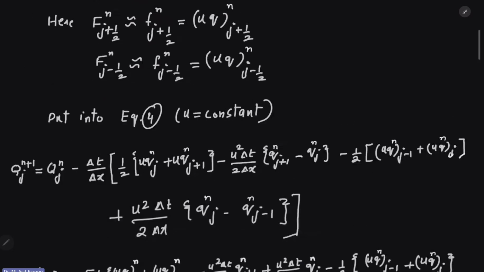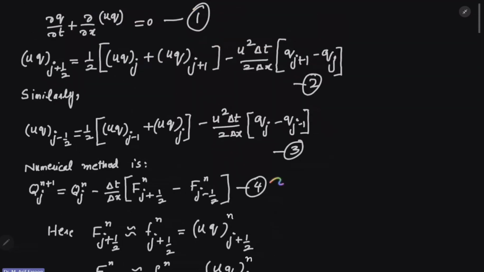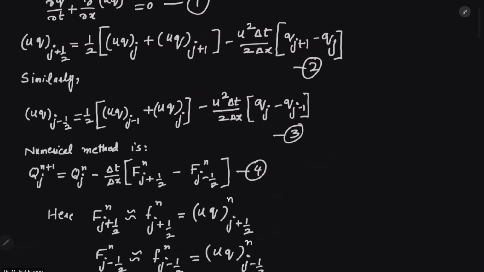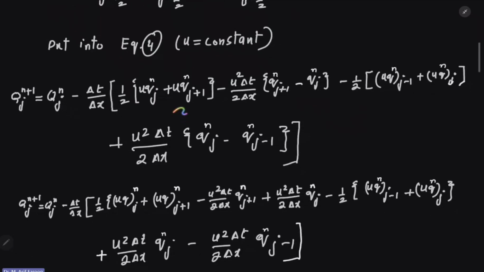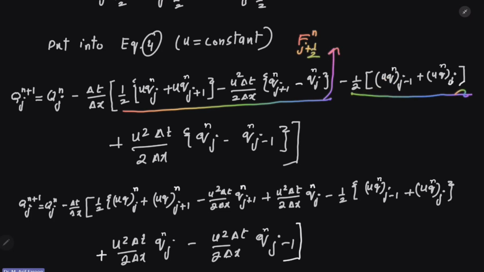Put all these values into our formula, equation 4. So we simply inserted the fluxes, only two fluxes over here. This is f n j plus 1/2. This is the second one, f n j minus 1/2.